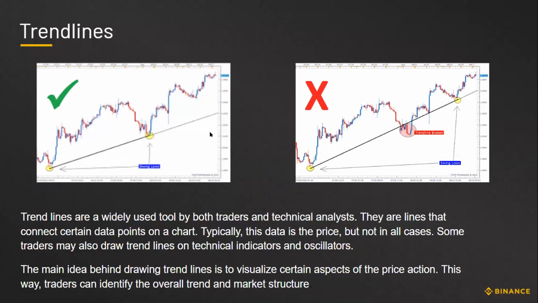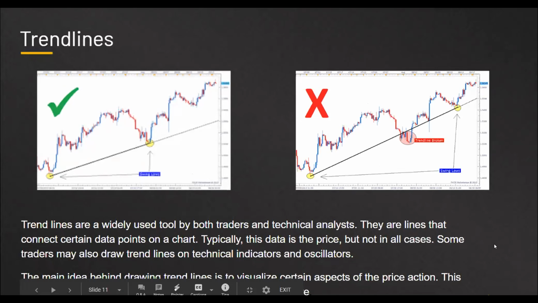So what actions has the price taken in the last 1 week, or in the last 3 hours, or in the last 6 hours, or in the last 1 month? So you can see and make decisions. This way, traders can identify the overall trend of the market.